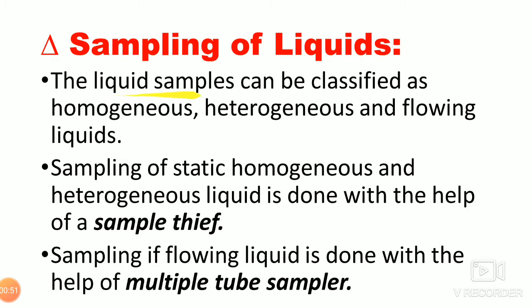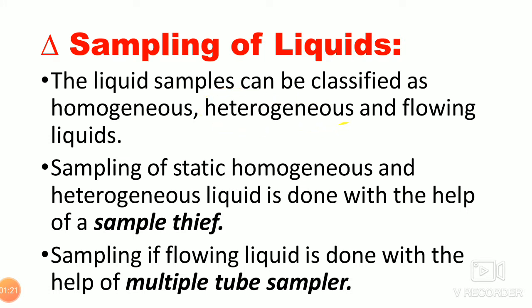The liquid samples can be classified as homogeneous, heterogeneous, and flowing liquids. Homogeneous means these liquids consist of the same composition, the same layer, when we see that liquid. Heterogeneous means immiscible liquid.